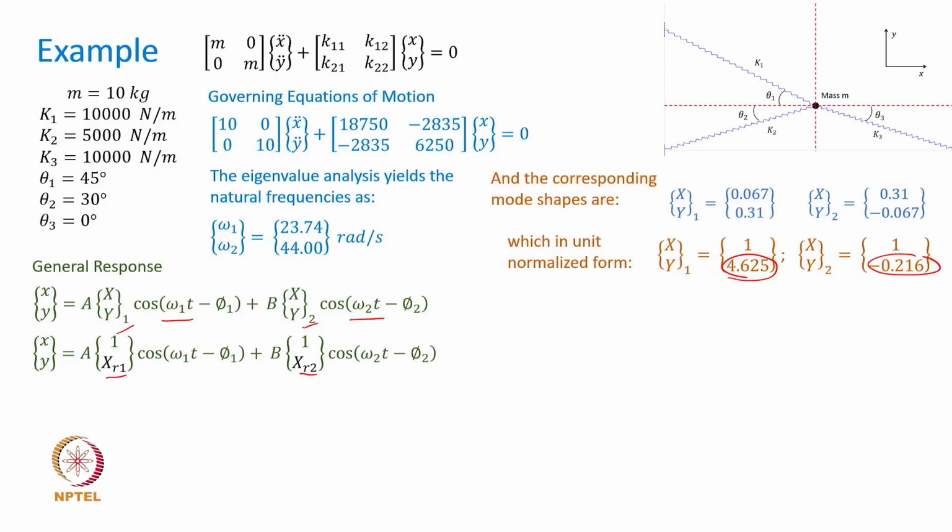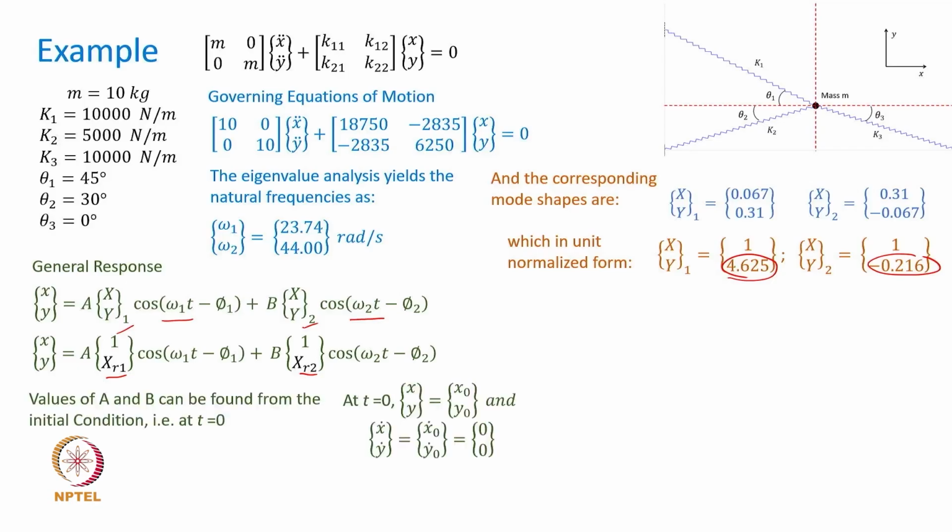Now this is a general response expression. We need to find out the values of a and b and phi 1 and phi 2. This also was discussed for the 2 degree of freedom system. What we do is assume x naught and y naught as the initial displacements given to the mass m in the x and y directions at t equal to 0, and assume that the velocities at t equal to 0 are 0.